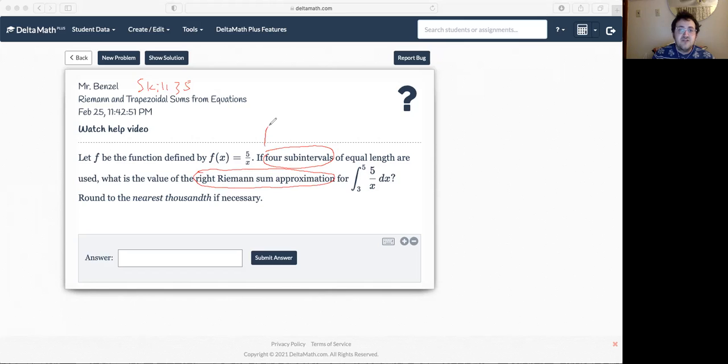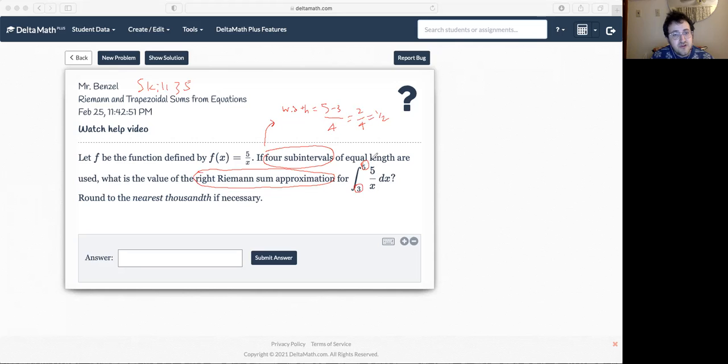First I'm going to find the interval width. The width is going to be 5 minus 3, the top and the bottom number of the integral, over 4. So that's 2 over 4, so we're going to be going every 1/2.